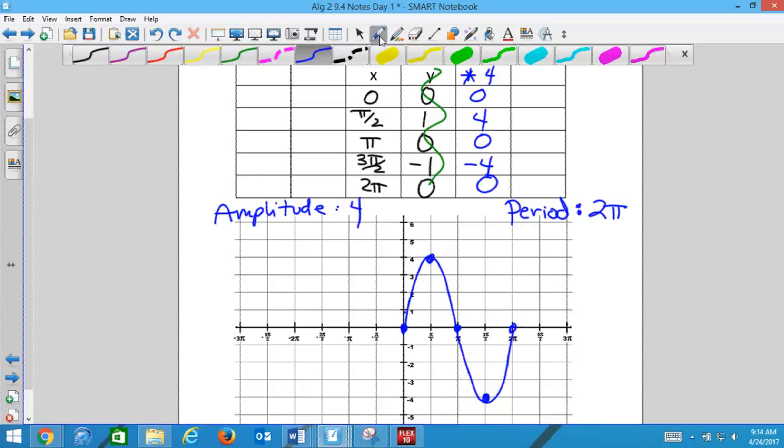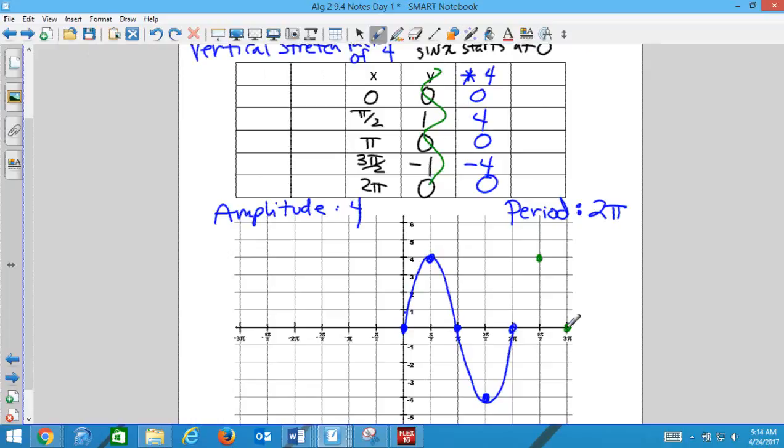You're going to continue it. So the last part is, can you follow a pattern? So continue the pattern.